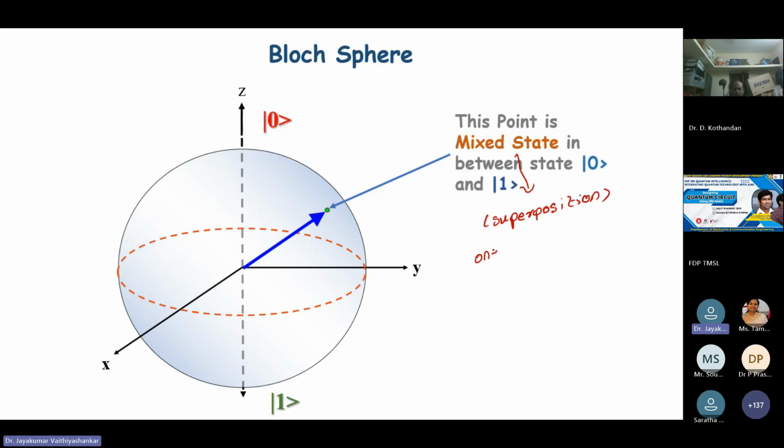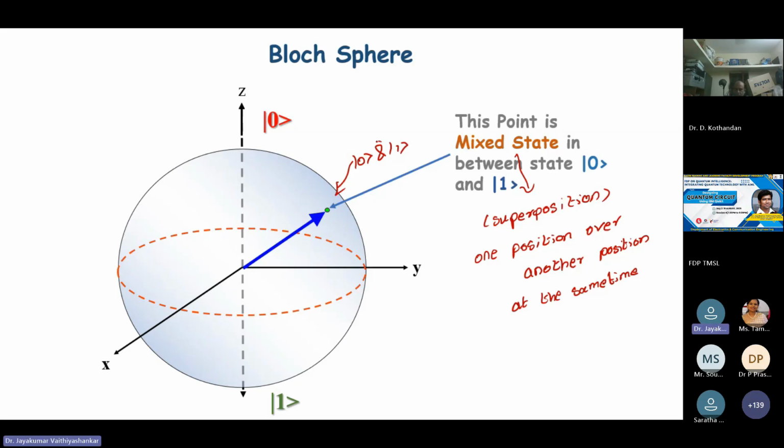One position over another position, at the same time. So how can you consider this point as a superposition? Because it is the mixture of both state 0 and state 1.